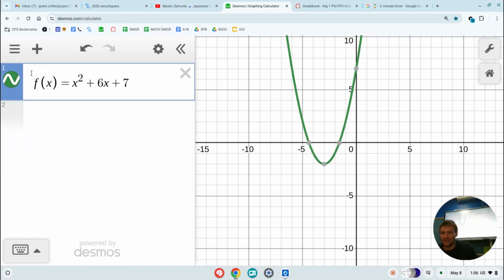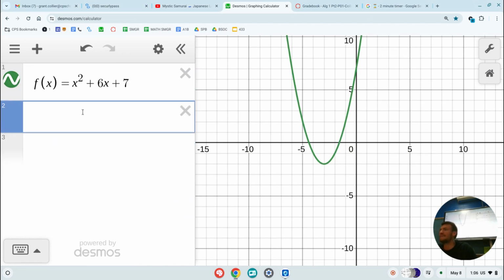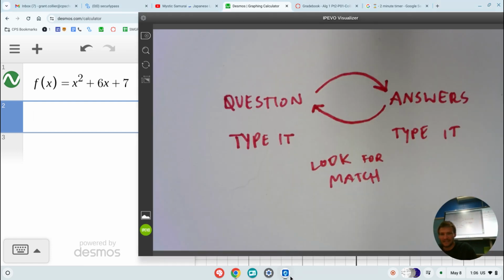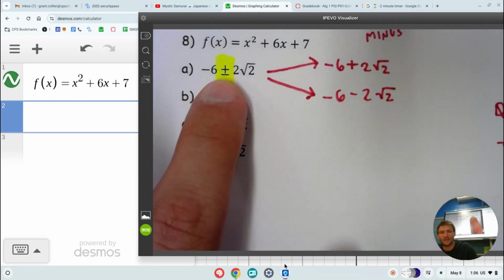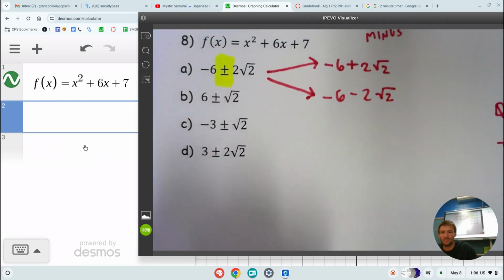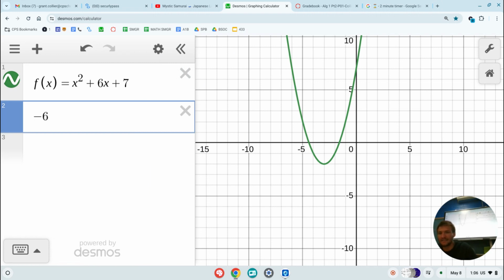So, here's my question. Let's type the answer in. Okay. It is A, negative 6 plus or minus 2 square root 2. Do you want to put a plus or a minus? It really doesn't matter. What do you want to put? Sure, I heard somebody say plus.